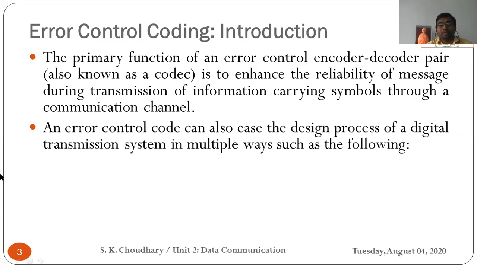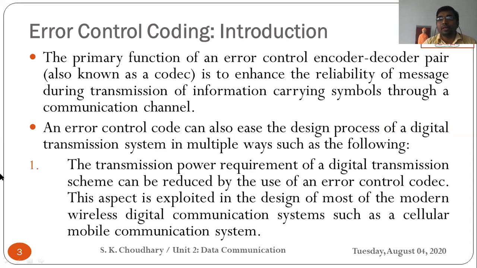first, the transmission power requirement of the digital transmission scheme can be reduced by the use of the error control codec. Codec is a combination of encoder and decoder. This aspect is exploited in the design of most of the modern wireless digital communication systems, such as the cellular mobile communication system.